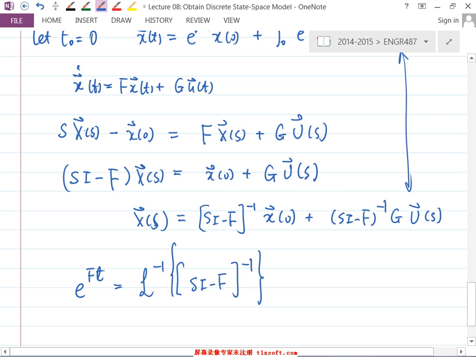In the next lecture, when we learn similarity transformation, I'll show you another way of computing this e to the power of Ft. Basically, we can diagonalize a system matrix using the similarity transform, and then e to the power of the system matrix, given a diagonal matrix, is much simpler.